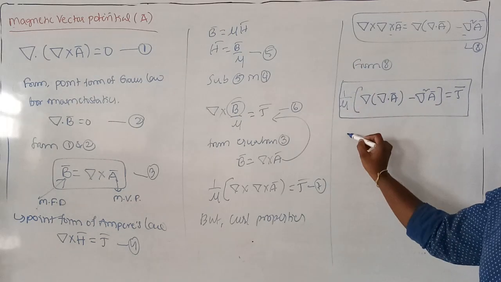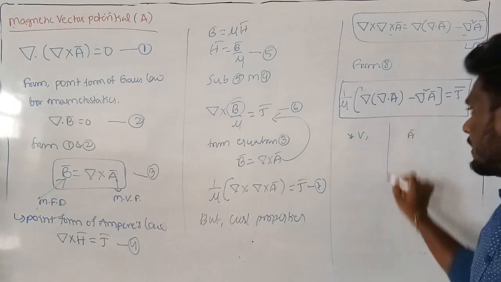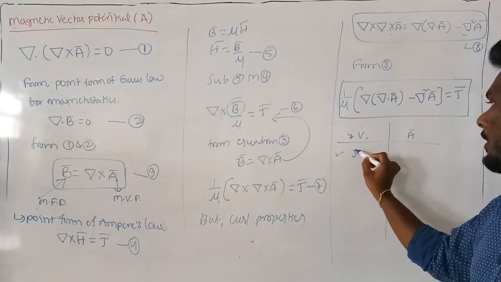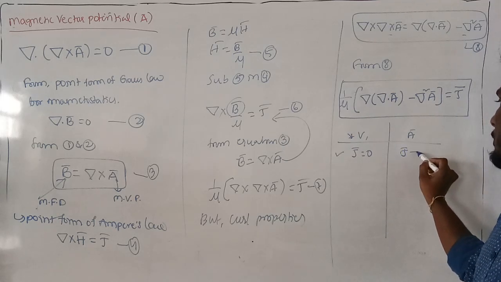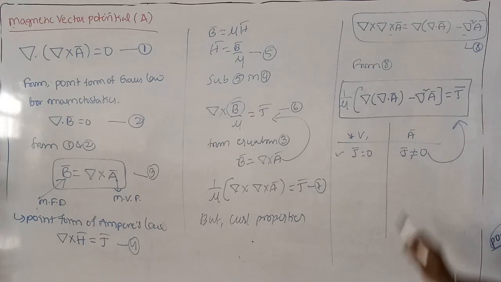There is a difference between magnetic scalar potential and magnetic vector potential. Magnetic scalar potential V is defined for source-free circuits, whereas for magnetic vector potential J is not equal to 0. That is the conclusion. Thus, if the magnetic vector potential is known, the current density can be obtained, and in defining A bar, the current density need not be 0.